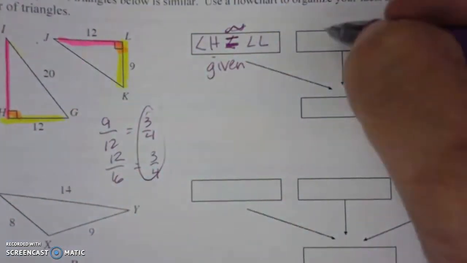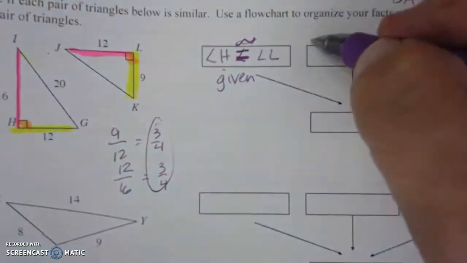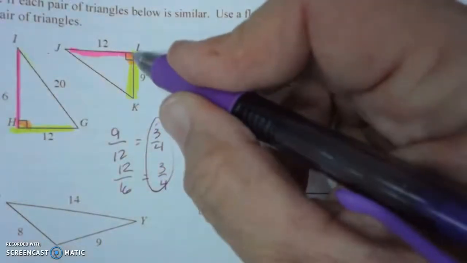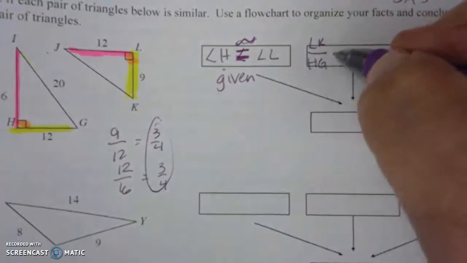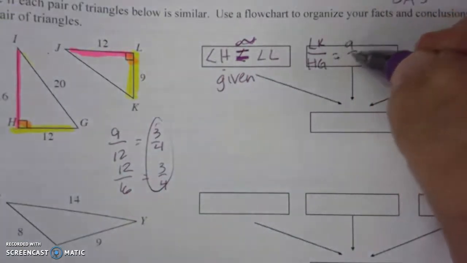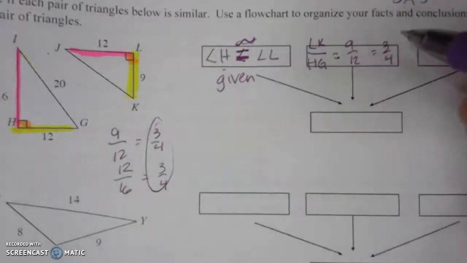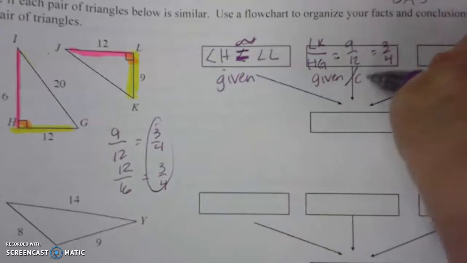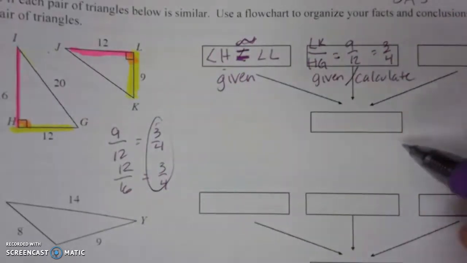Okay. The next piece is that we used this 9 right here. So we said LK, L is the 90 degrees, matches with HG. HG, we know that that is 9 over 12, and that reduces to 3/4. So we're going to put in our calculation, and that was also given, but we had to actually find that calculation.